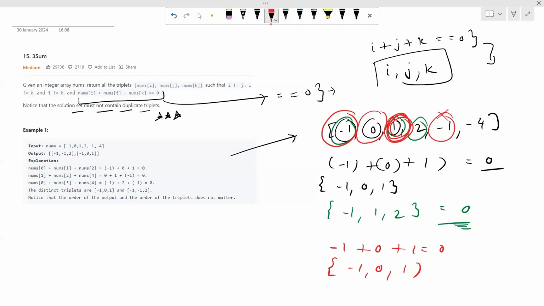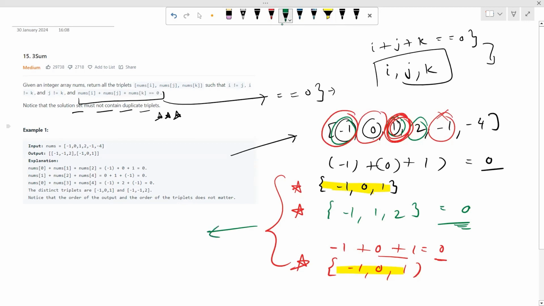Ultimately, its sum will be equal to 0. So we have these three triplets, but from these three, there are two duplicate triplets, which are -1, 0, 1 and -1, 0, 1. So we need to return only two triplets because two of them are the same.